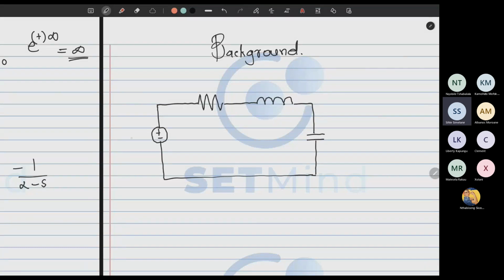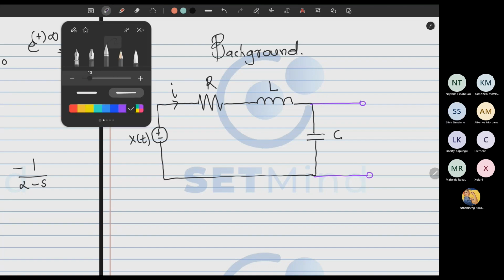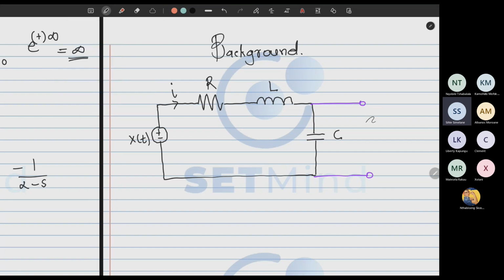So the source, let's call it x of t. Here we have R for the resistor, we have L for the inductor, we have C for the capacitance. And we have current I flowing here. And across the terminals of the capacitor, we are measuring a voltage. Let's call it y of t.